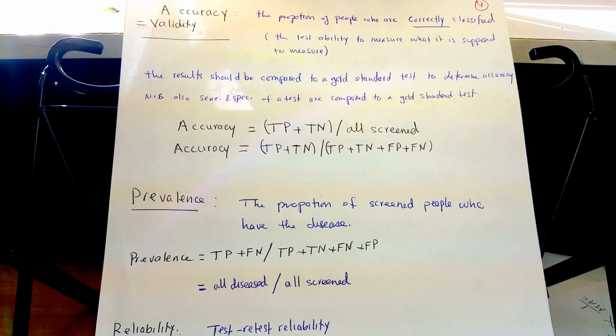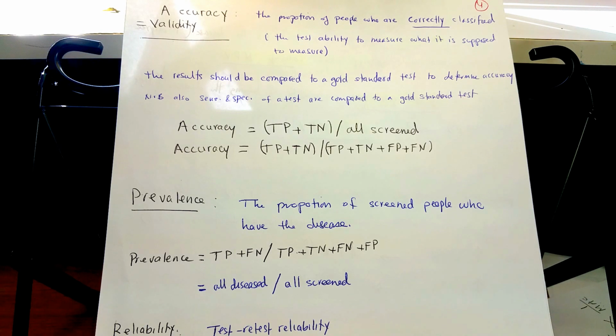We also compare them to gold standard to determine the sensitivity and specificity also. So accuracy are the true results, true positive plus true negative, among all screened people. The true positive plus the true negative plus the false positive plus the false negative.